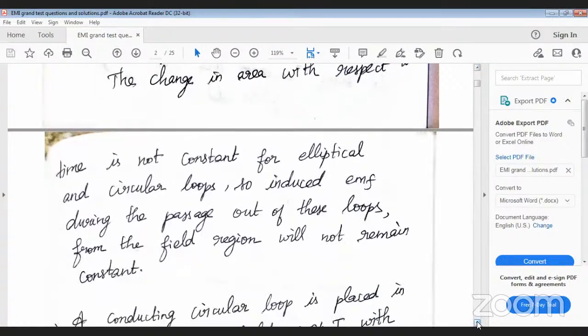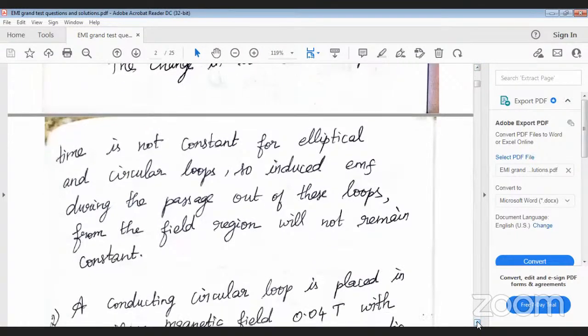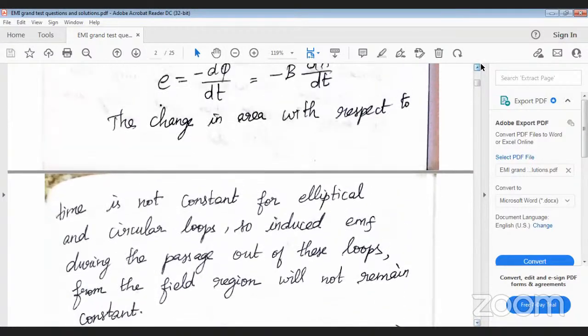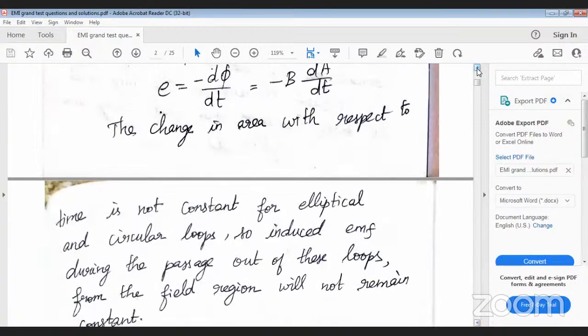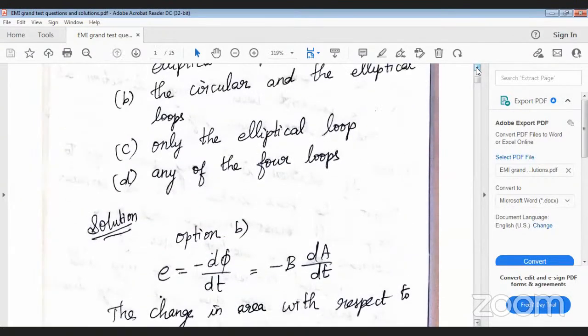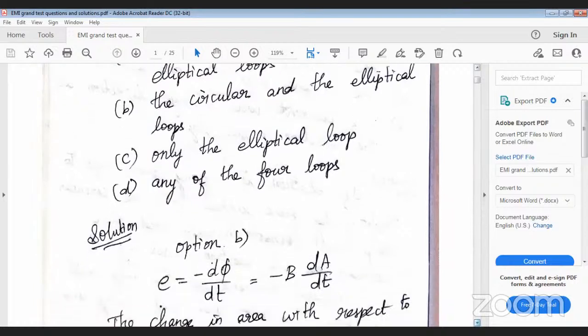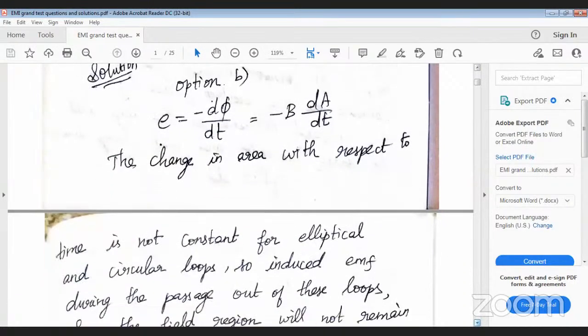So the induced EMF will not remain constant for both these loops. For circular and elliptical loops, the area through which the magnetic field passes is not constant. So that's why the EMF is also not constant. So option B is the right answer, that is, the circular and the elliptical loops. This is how you need to understand the solution for this problem.